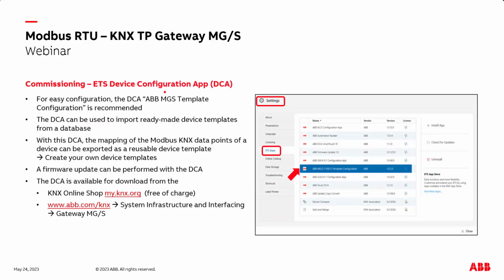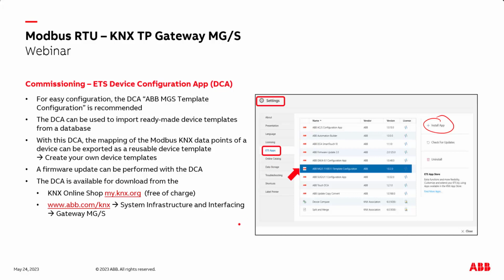Some words about this ETS device configuration app, DCA. When you have downloaded it, you have to go to ETS 5 or 6 and install it. So we go to the settings of the ETS, to the submenu ETS apps, and then click here on the button Install App, and then the app is installed alongside other apps, like for example the ones we have used for ABB, like the app for the split unit gateway, our firmware update tool, or the application controller.